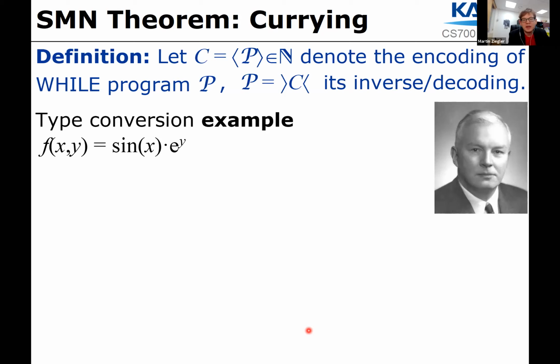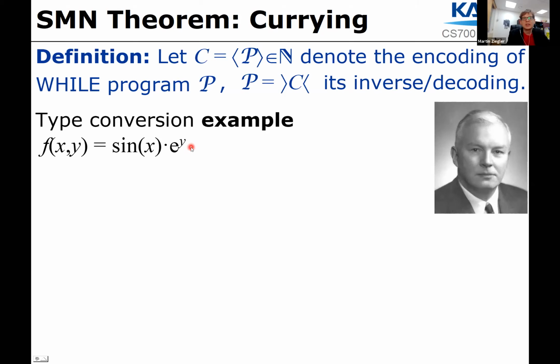One way is by fixing the one argument and considering it only as a function of the other argument. For instance, we could fix y to be equal to 0, then e to the y is equal to 1, and this basically boils down to just the ordinary sine function, sine of x, of one variable x.